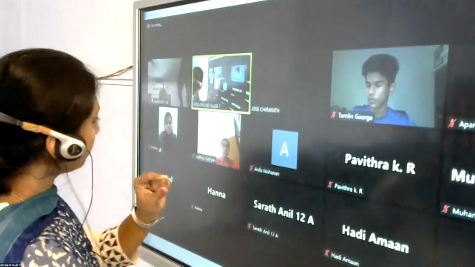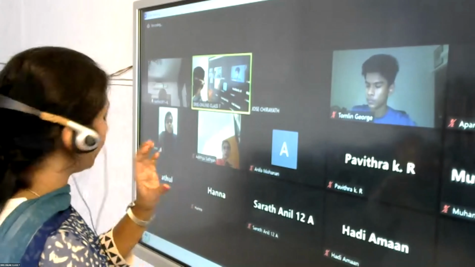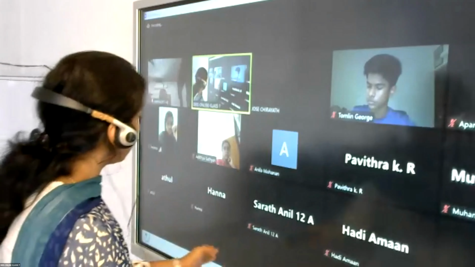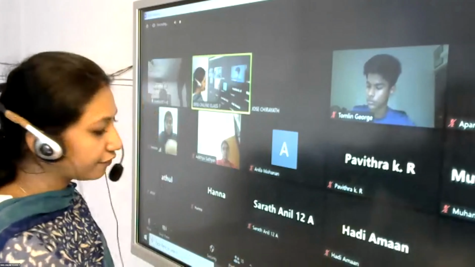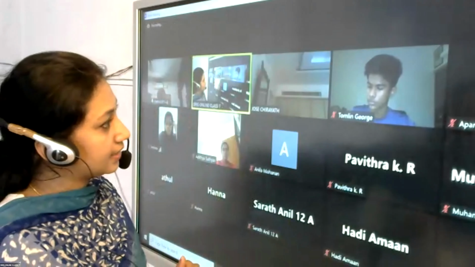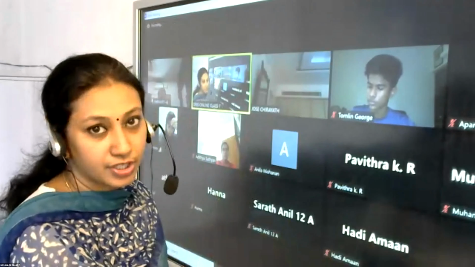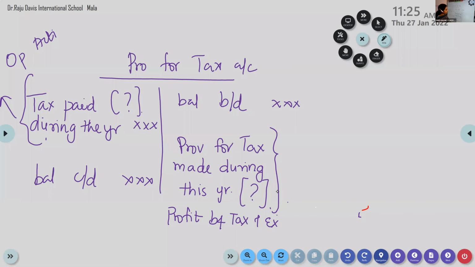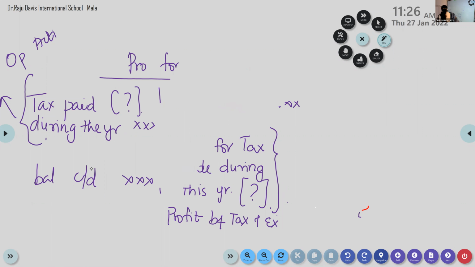Some details will be given regarding the asset in the question, and based on the details, we have to prepare an asset account. Assets can be machinery, furniture, land and building, anything. Now, let us see how to prepare the asset account.